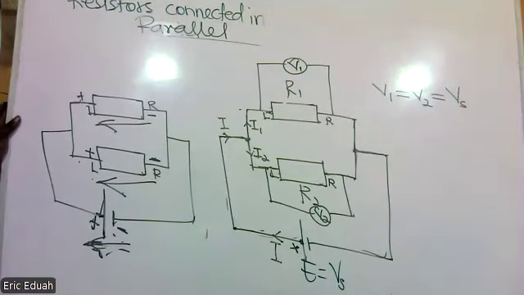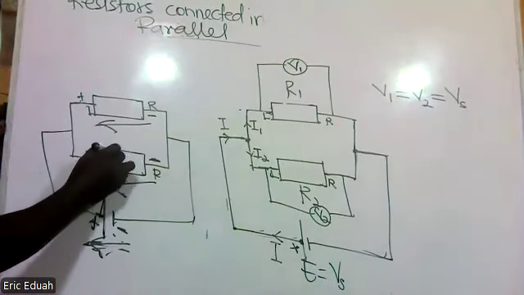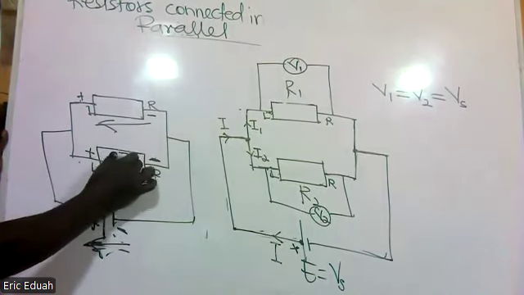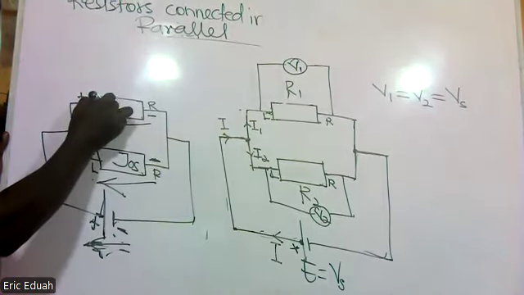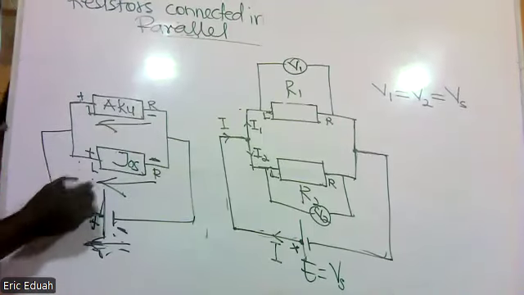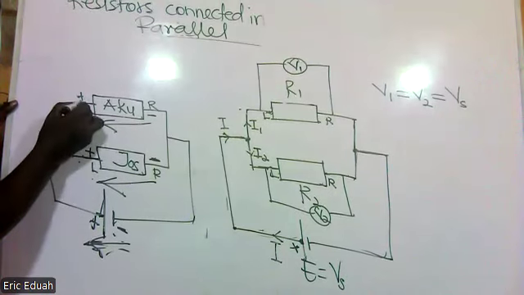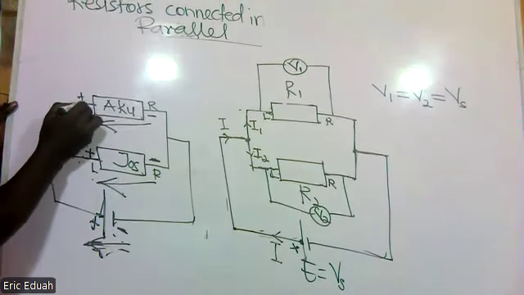This is you, Josephine. This is Equia. Josephine's left-hand side is connected to Equia's left-hand side.